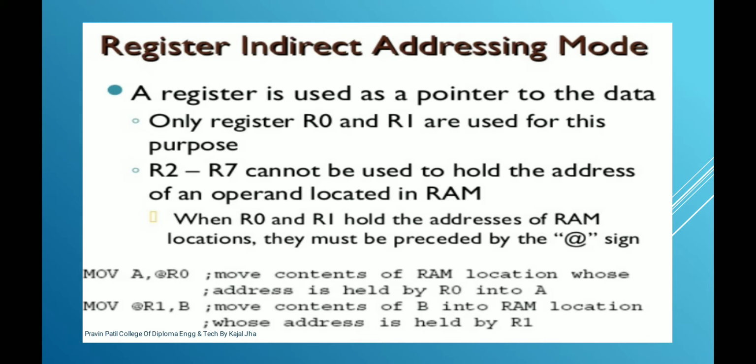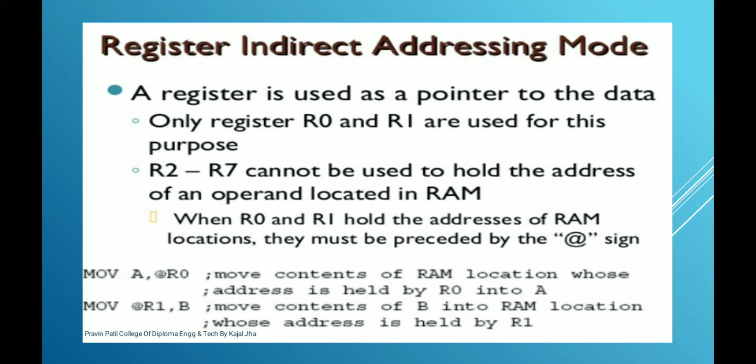If the mnemonic is without the letter X, it is used to access the internal data memory. That means if the instruction is MOV, it accesses the internal data memory.